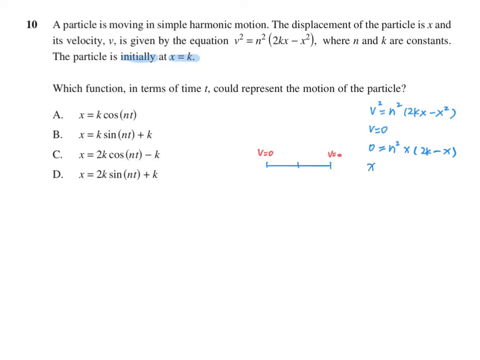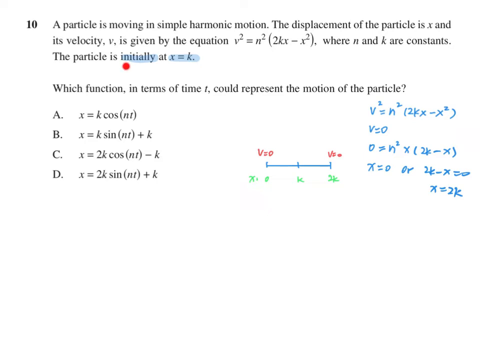Therefore, we can only have either x equal to 0 or 2k minus x equal to 0, meaning x equals 2k. This means the displacement of the particle should be from the origin, from x equal to 0, all the way to 2k, and the center is k.